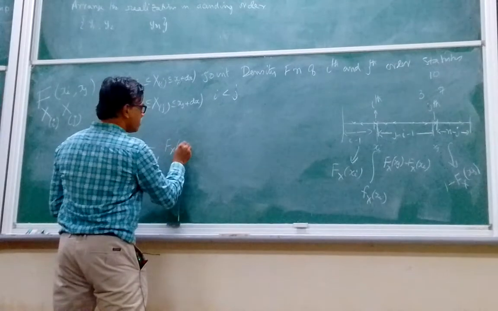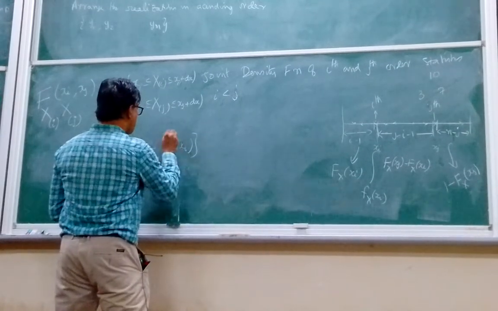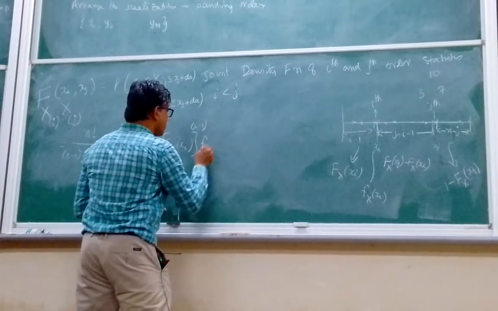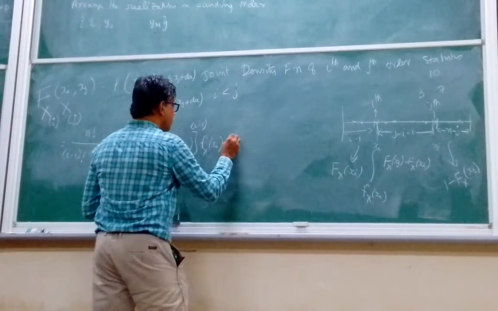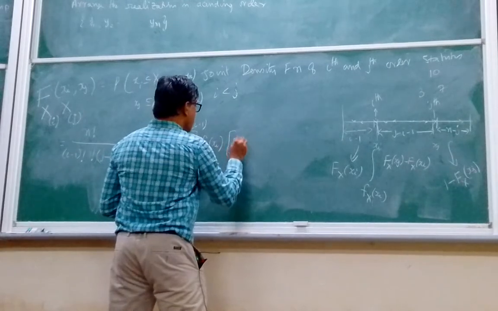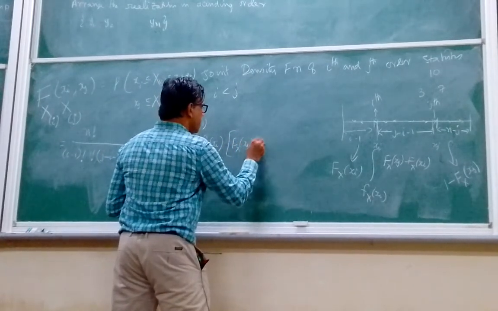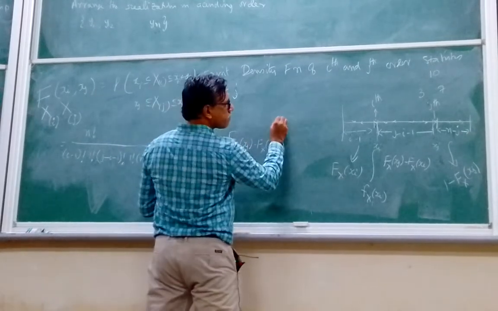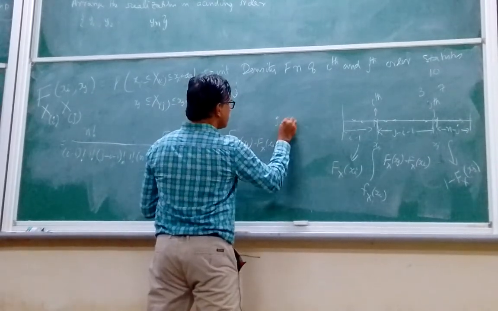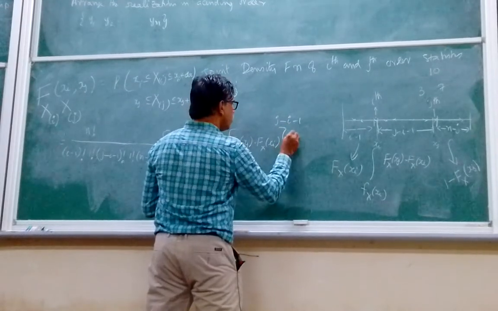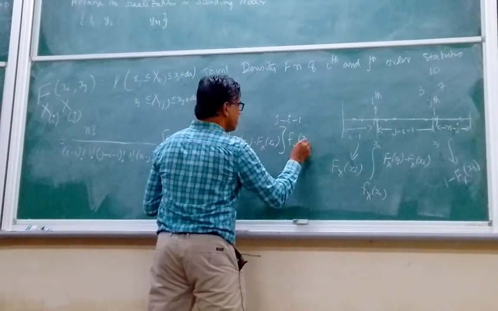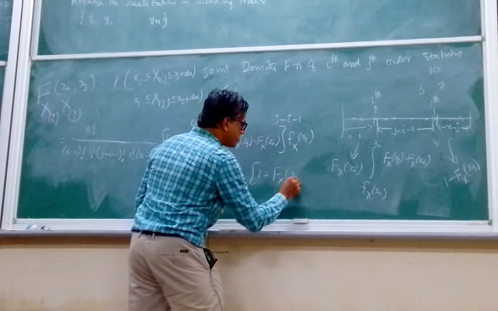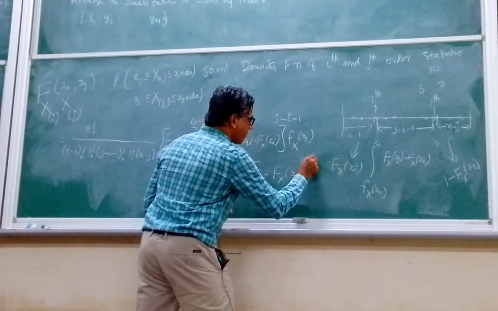So then we have got Fx of xi power I minus 1, into fx of xi, into Fx of xj minus Fx of xi power j minus I minus 1, into fx of xj, into 1 minus Fx of xj power n minus j.